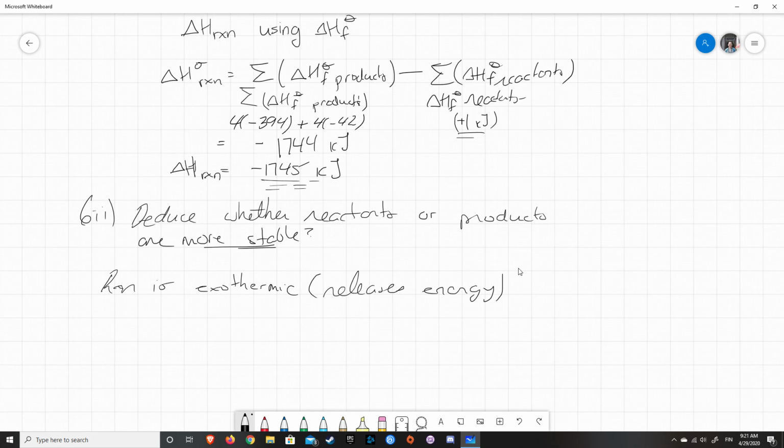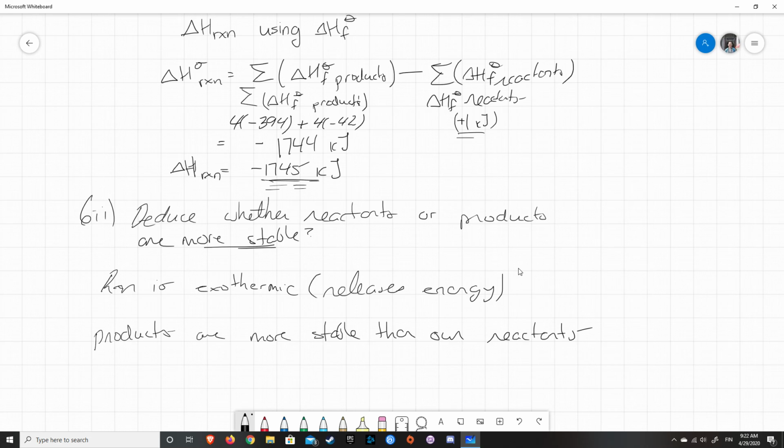So in this case, we can see that there's more energy stored in the products than in the reactants. So bond energy, the energy. Okay, I'll try to write this out in a better way. So in this case, our products are more stable than our reactants.